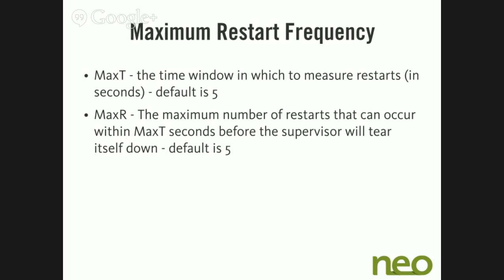The second is maximum restart frequency. So the default for both of these values is 5. If you think about it, what they're saying is if more than 5 children die within 5 seconds, restart the supervisor that's supervising those children and kill any other children that happen to be there and restart that whole process.